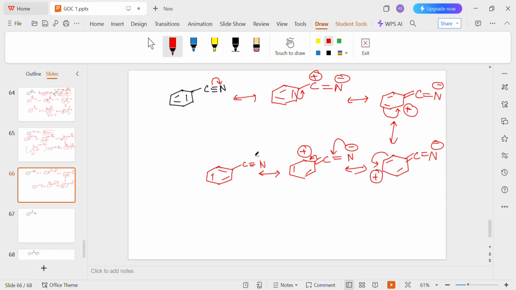So these are all the contributing structures of this compound. And the hybrid you can draw very well. You can draw the hybrid as, of course, when there is a benzene ring, there will be circulation of the pi electron density.